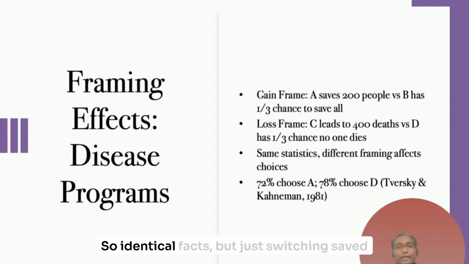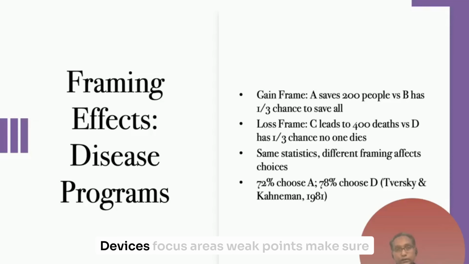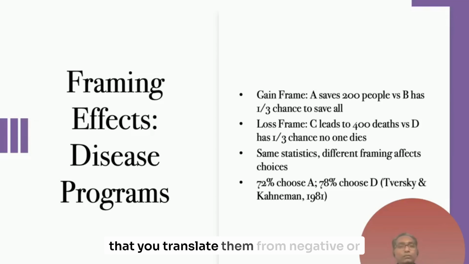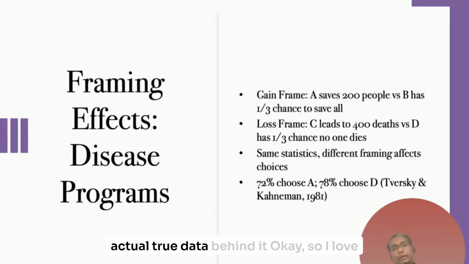So identical facts, but just switching saved to died flipped the preferences. So when you encounter differently worded advice, focus areas, or weak points, make sure that you translate them from negative or positive framing into neutral ones to see the actual true data behind it.